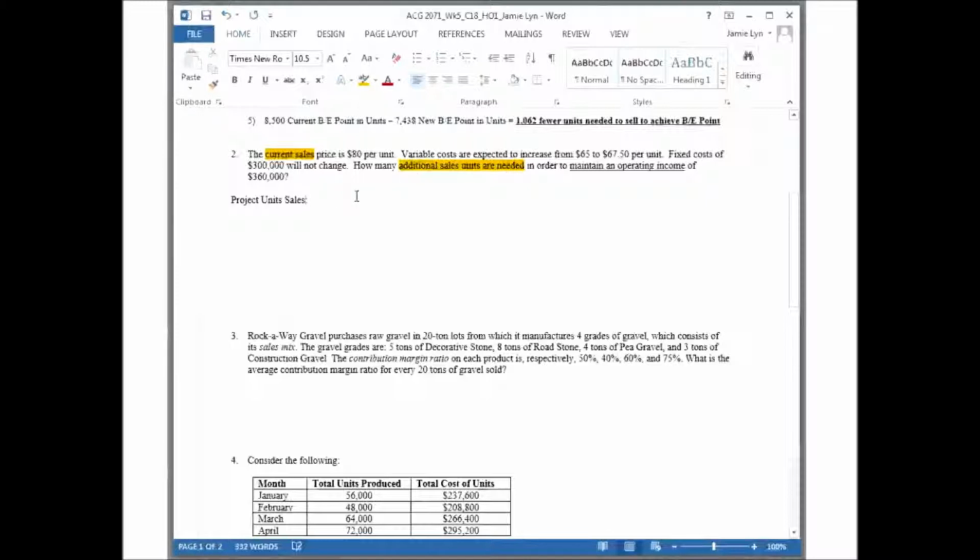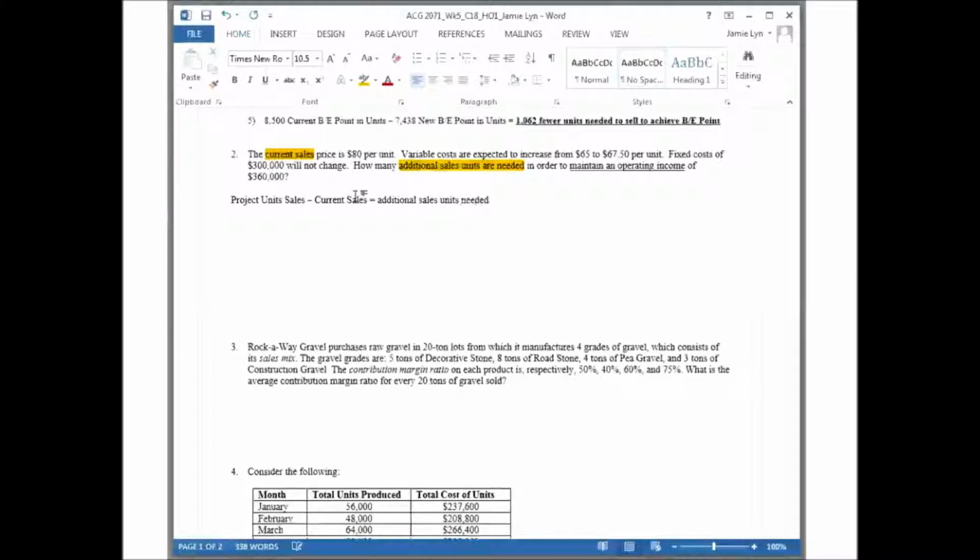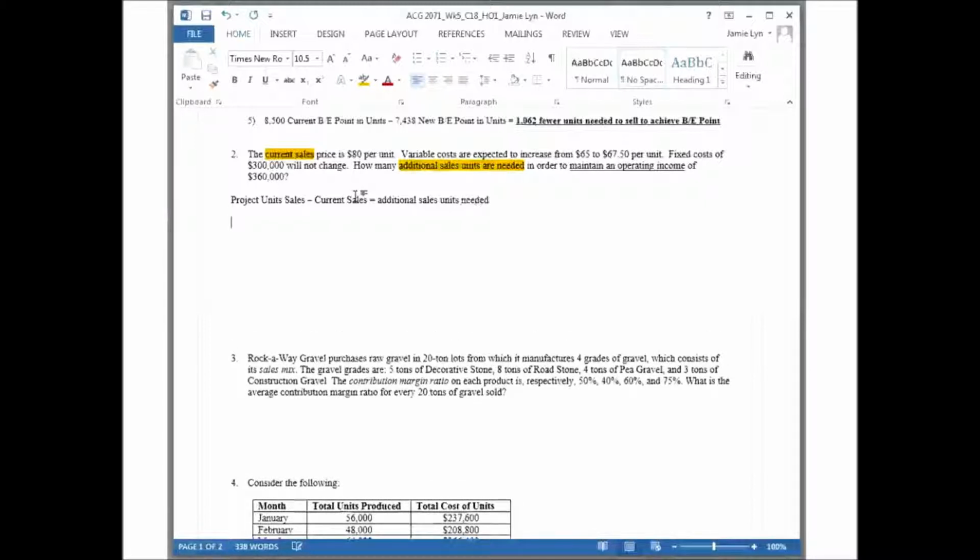So let's just put it out there: projected unit sales minus current sales should give me the additional sales needed. So this way it allows me to maintain the order in which I need to keep my numbers.